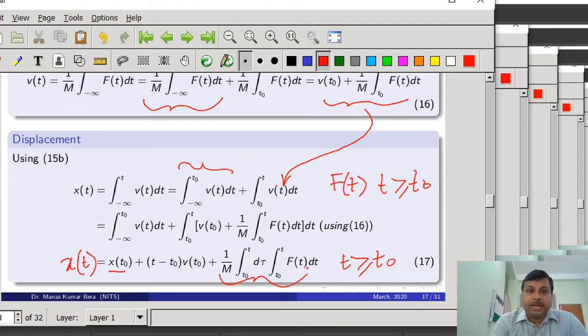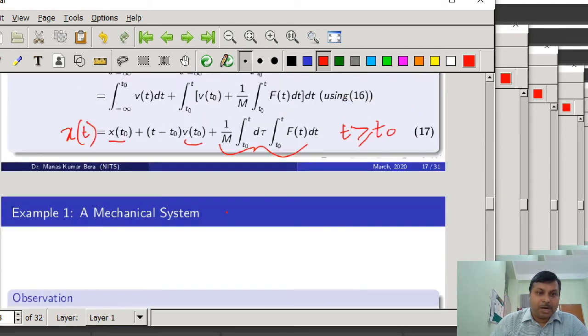Along with that, some additional information is required to know the displacement at any time t greater than t0: we have to know the initial displacement x(t0) and the initial velocity of the system v(t0). So along with f(t), we have to know the initial velocity as well as the initial displacement, and only then can we describe the displacement of the system at any time t greater than t0.